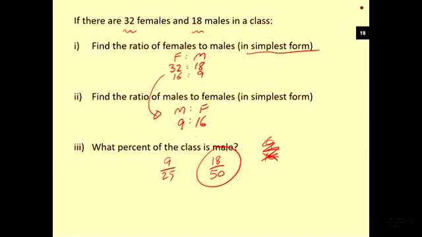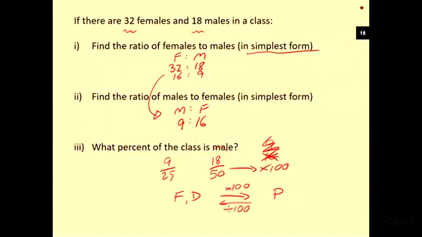What percent of the class is male? 18 out of 50. That's a fraction. How do you convert a fraction to a percent? This is one of the few things we need from Sem 1. In Sem 1, we said you got fractions and you got decimals and you got percents as the odd one out. And the only difference between them was you times by 100, either of them to get to a percent, or you divide by 100 to get it back.